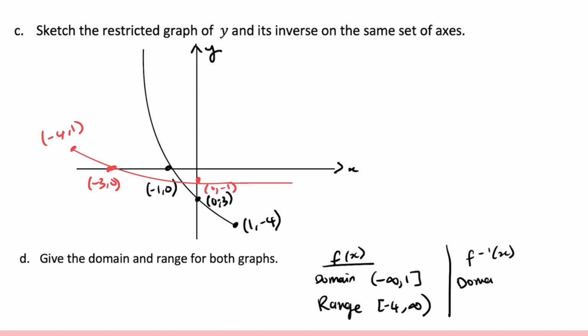So the domain is from -4 to infinity, and the range is from -infinity to 1. Great. So there you go. That is your inverse function that has been restricted.